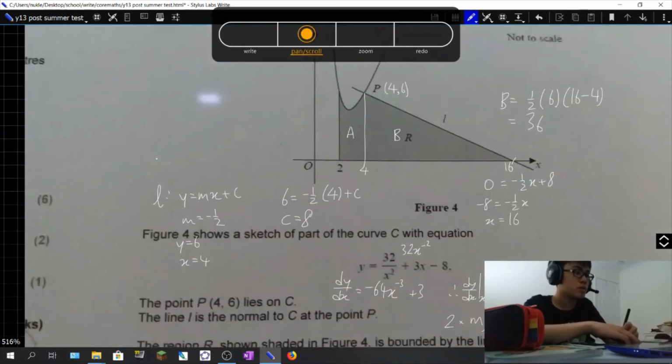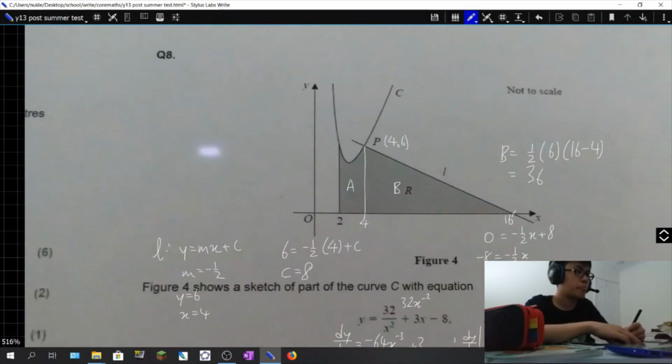So now the hard guy. Okay. So I want to integrate the curve. So y is equal 32x to the negative 2 plus 3x minus 8. You want to integrate this with respect to x from 2 to 4. So you want the integral of 32x to the negative 2, plus 3x minus 8, dx.